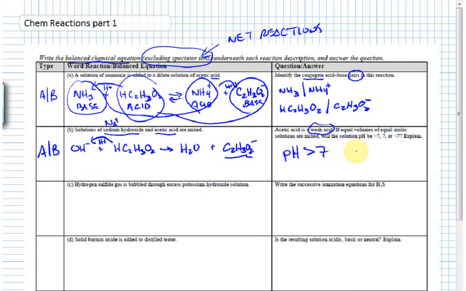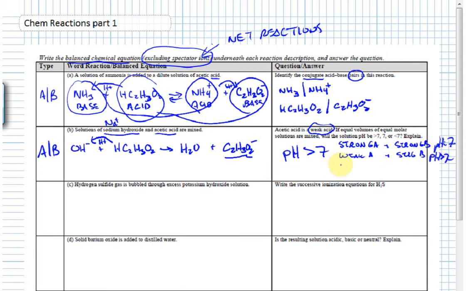So a couple of things that you might want to memorize. If we have a strong acid and a strong base, pH equals 7 when we mix just the right amounts of both. If we have a weak acid and a strong base, the pH is going to be greater than 7. That's the example we saw here.